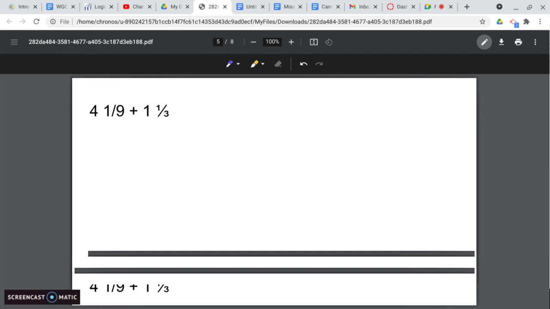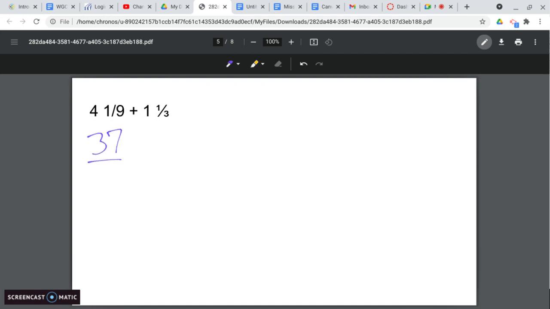So this would be 9 times 4 is 36, plus 1 is 37. So we'd have 37/9 plus 3 times 1 is 3, plus 1 is 4, so 4/3. Common denominator between 3 and 9 is 9. So our 37/9 remains the same. Plus, here we'd multiply by 3 times 3. 4 times 3 is 12.